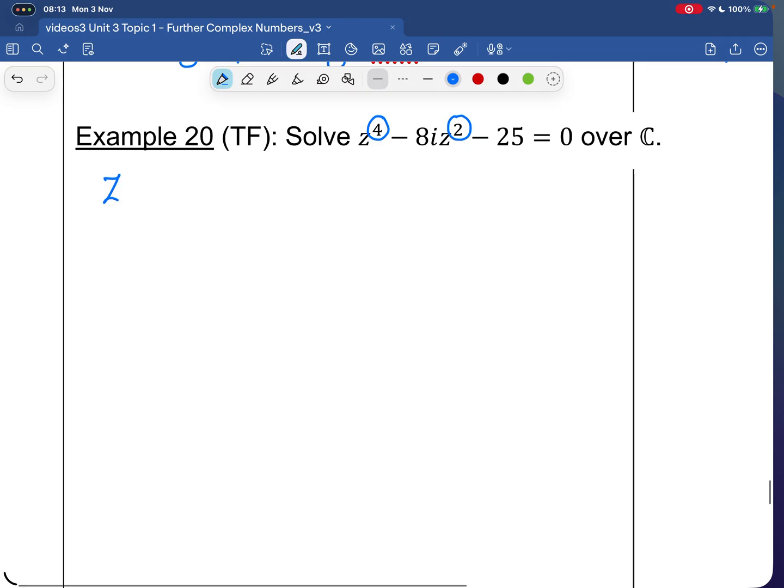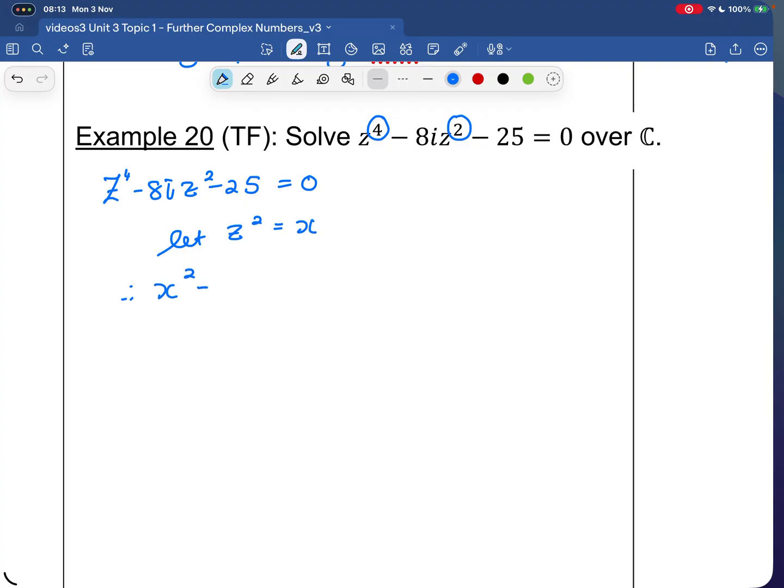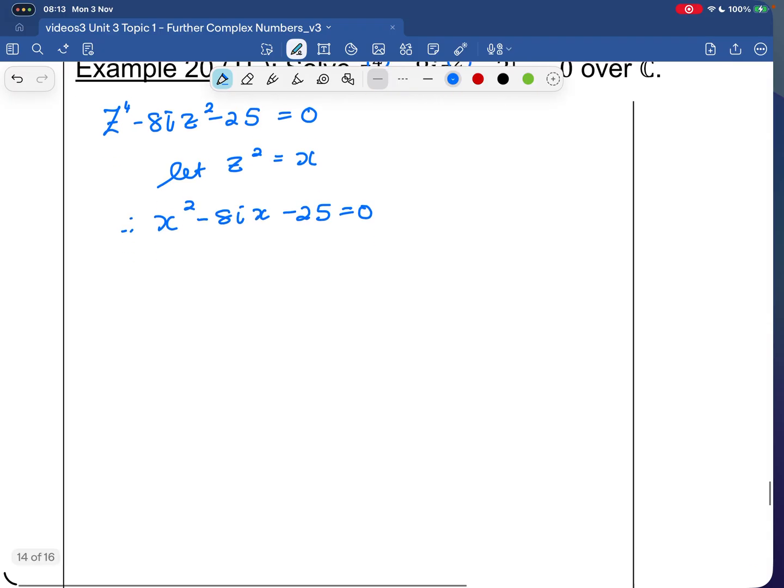So we have z to the 4 minus 8i z squared minus 25 equals 0. And I'm going to try letting z squared equal x. So that then means I've got an x squared minus 8ix minus 25 equals 0. And I'm going to use my quadratic formula because I can see I'm not going to be able to factorize that.